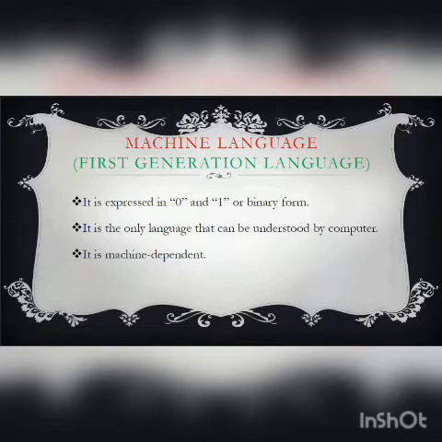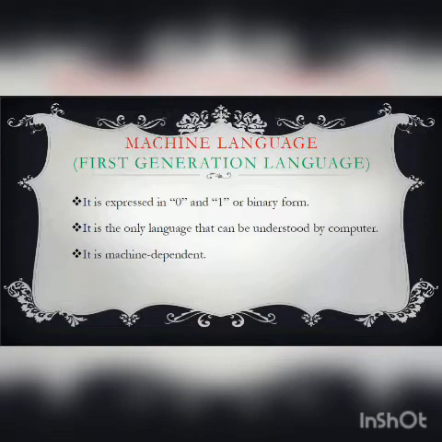That means suppose I have written one machine language program in my laptop or my computer, and if I give it to any one of you with a pen drive, that same program may not run in your computer. So these are machine dependent. It differs from machine to machine. What is written in my computer may not run in your computer.